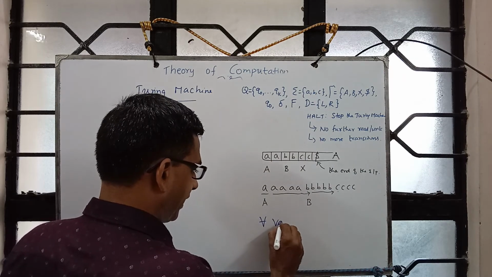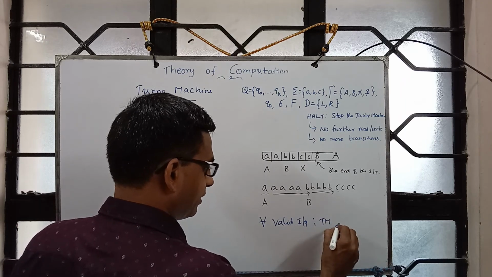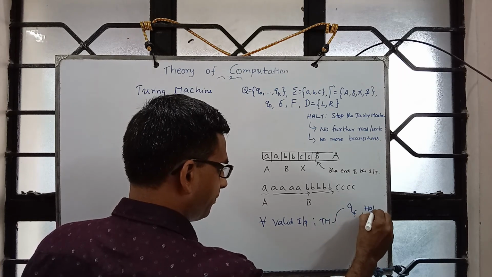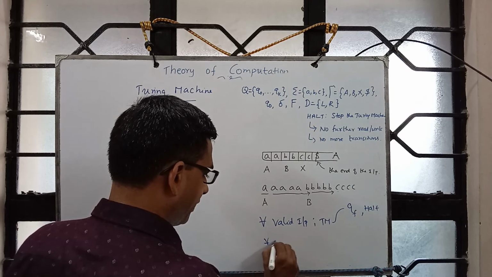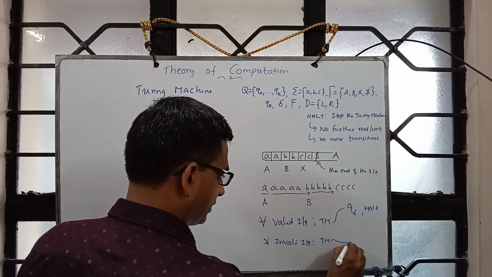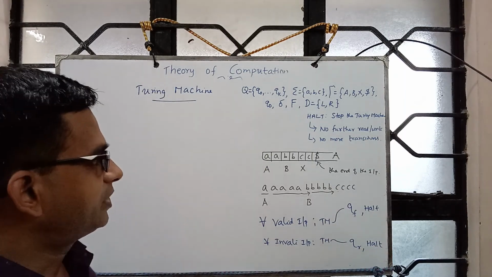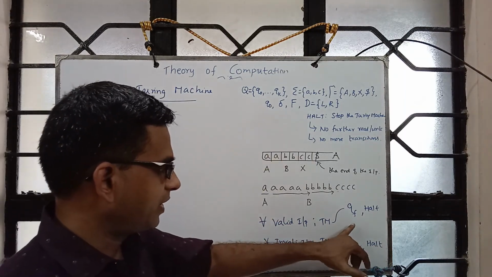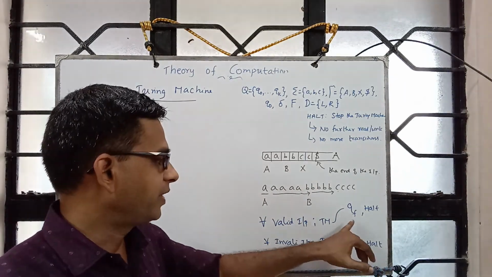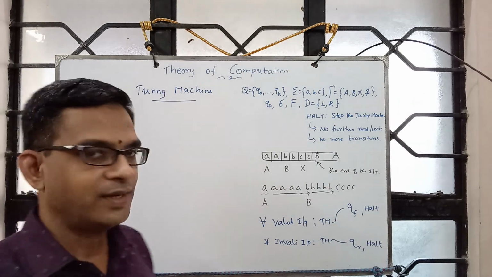So for all valid inputs, the Turing machine must reach a final state followed by stop, and for all invalid inputs, the Turing machine must reach some reject state. Most importantly, it must stop. The machine must be stopped irrespective of whether it is in the final state or reject state. Over here it is rejecting and stopping the machine. Over here it is accepting and stopping the machine. Fine. Let's get into the design.